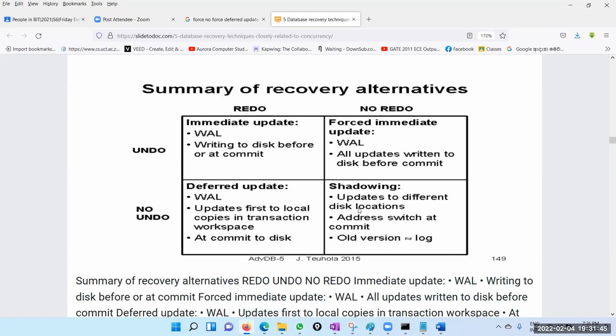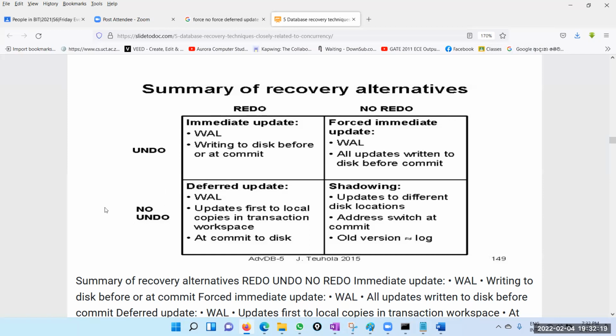So deferred update means no undo but redo is needed. No undo means there is no stealing. Redo is needed means it is no force. So that is how you get it. First, from this table, you have to understand that the question says deferred update, and deferred update means no undo redo.